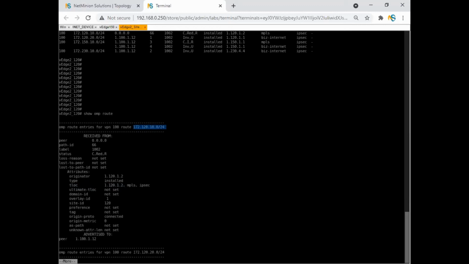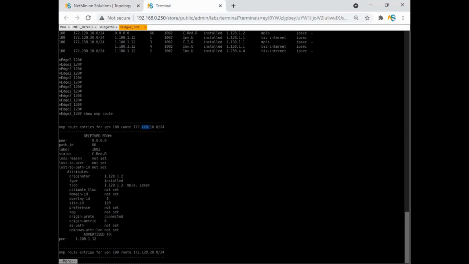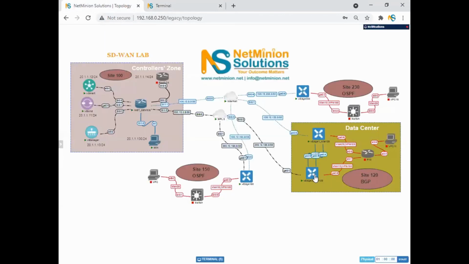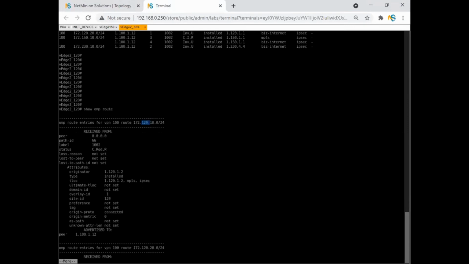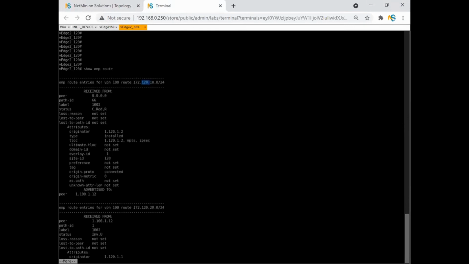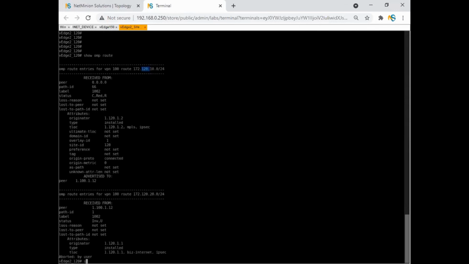Site ID is 120 because I am using the second octet as the site ID, so I can understand. If I go to my 120 site, maybe it is talking about its own thing, but let me just go for another route.